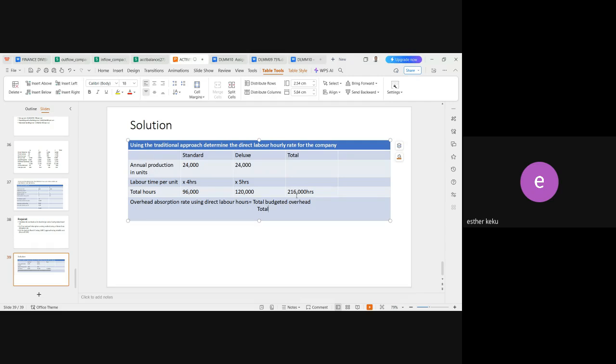Total volume, or labor hour, depends on what you like to use. It is the difference. Yes, total budgeted hours. This is in the case of labor hours.